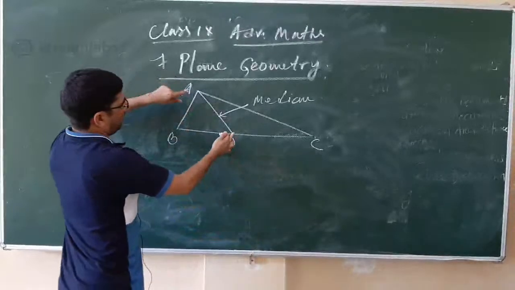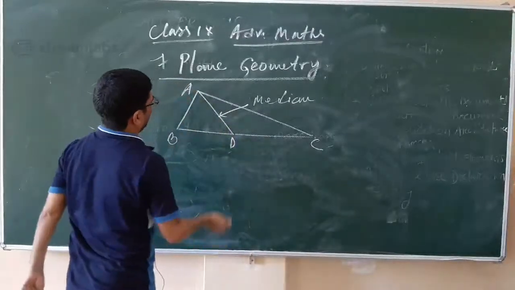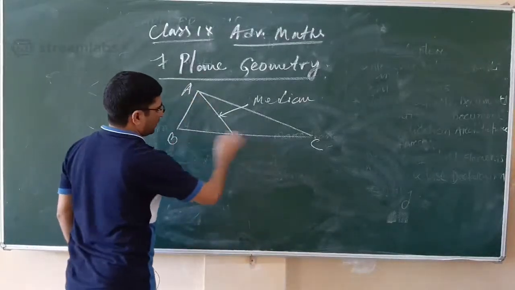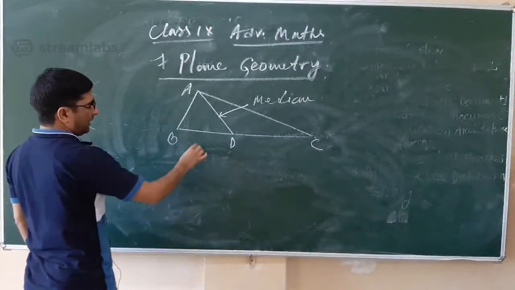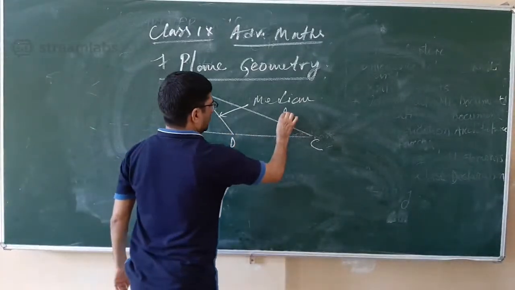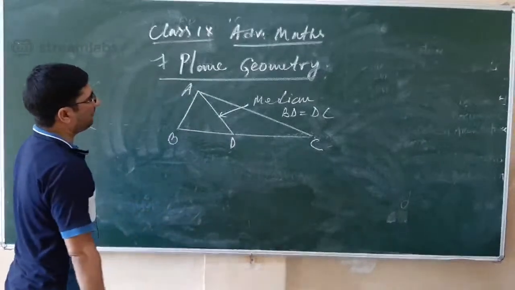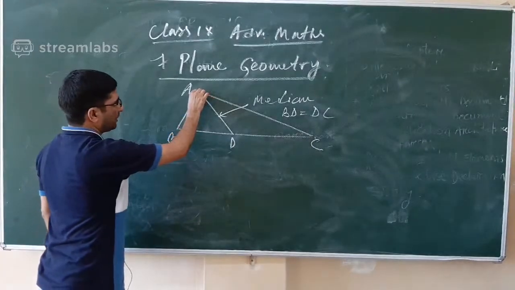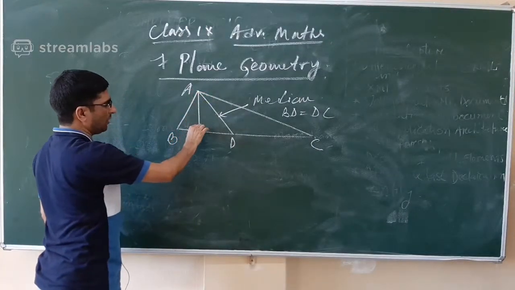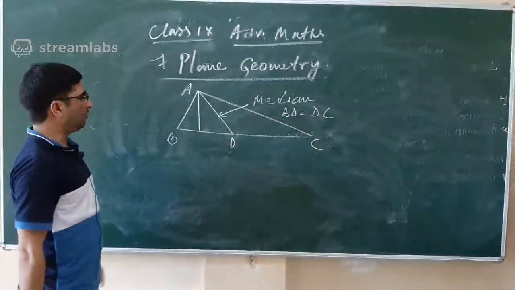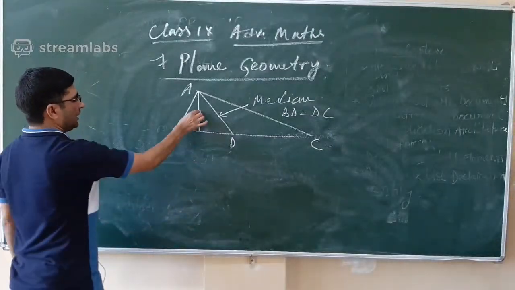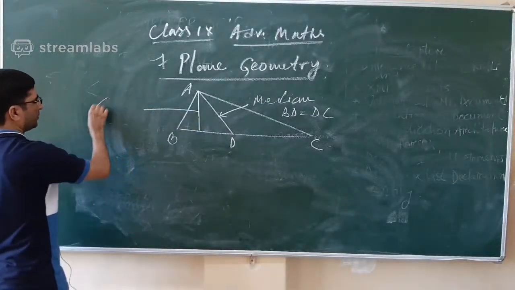So median means it falls on the midpoint of the opposite side. Here we will get BD equal to DC. In the same triangle, if you draw a perpendicular, then this perpendicular is called the altitude.